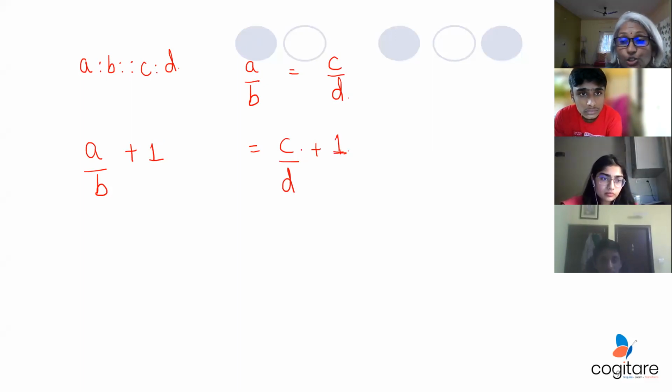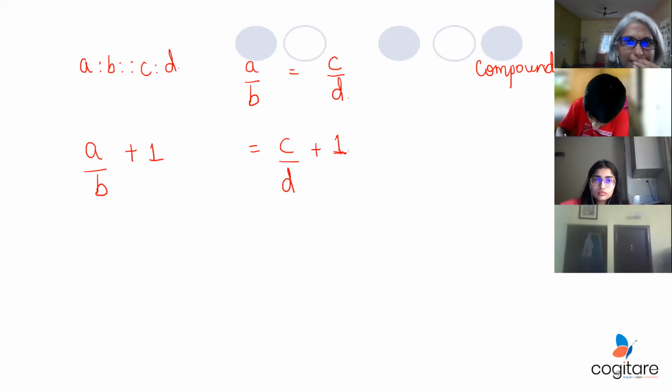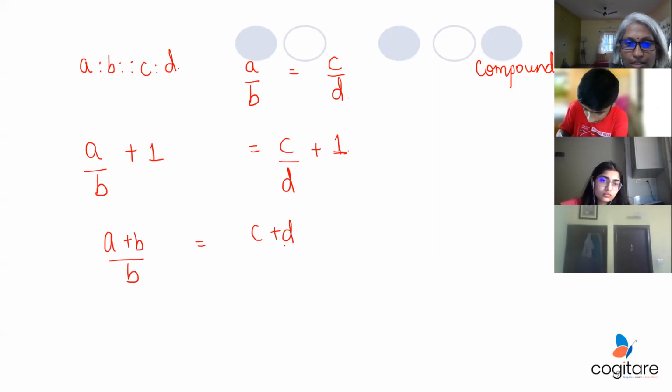Yes, ma'am. Another word for adding is compounding. Something increases, an asset increases in its value, you call it compounding. So when I take the LCM, it becomes A plus B by B is equal to C plus D by D. Clear, guys?